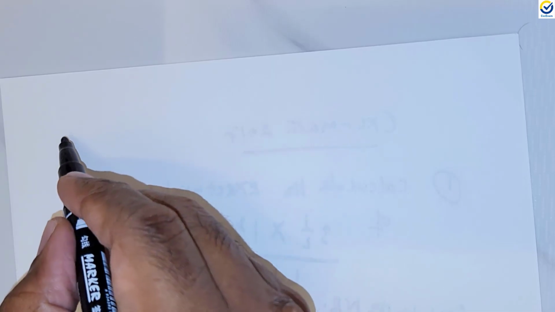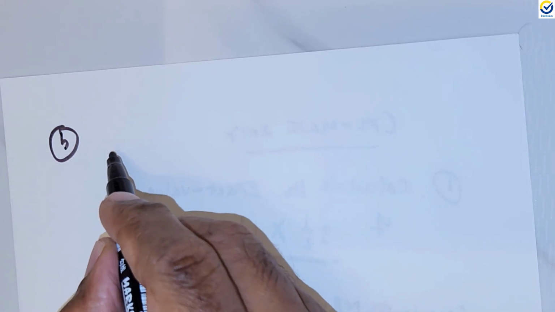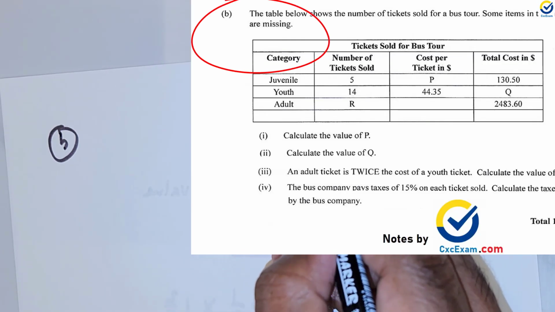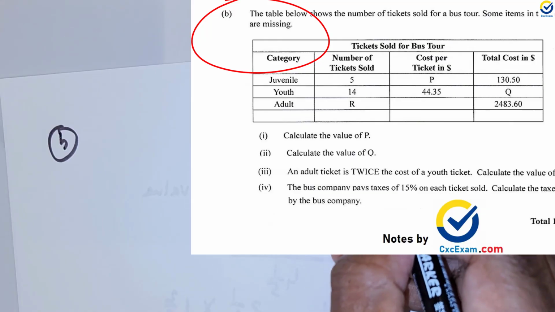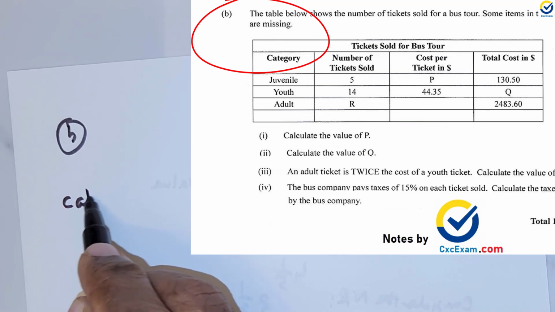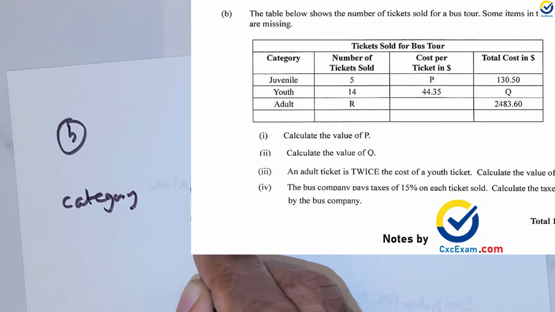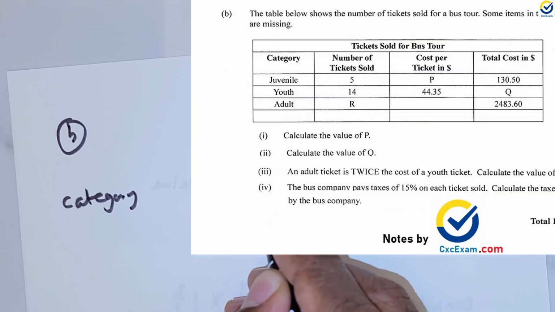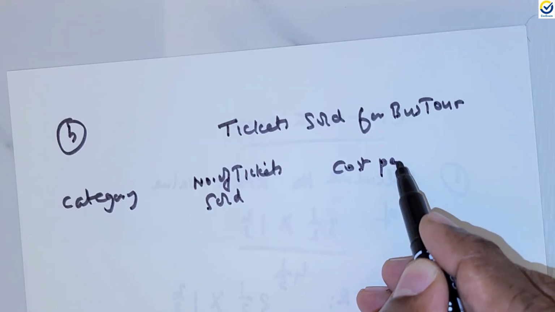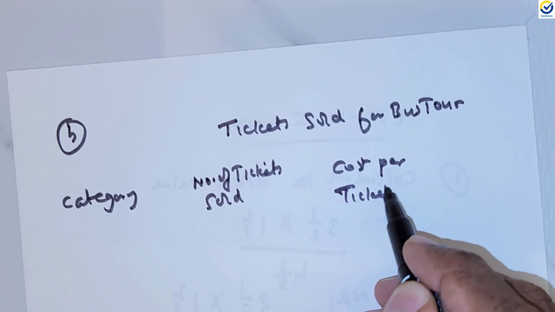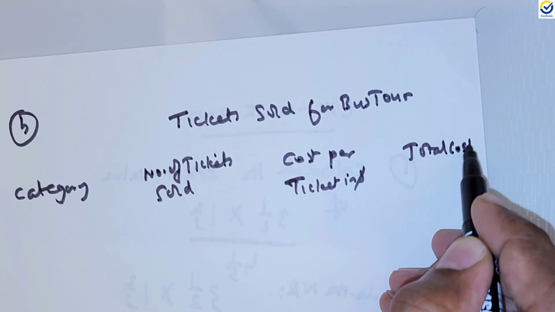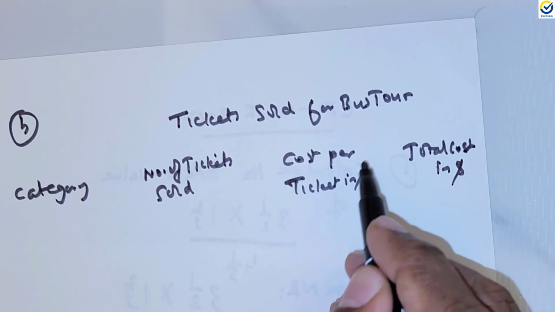Now in the next question for B, we are given this data. So this is tickets sold for a bus store. So there's going to be category, number of tickets sold, cost per ticket in dollars, and total cost in dollars.